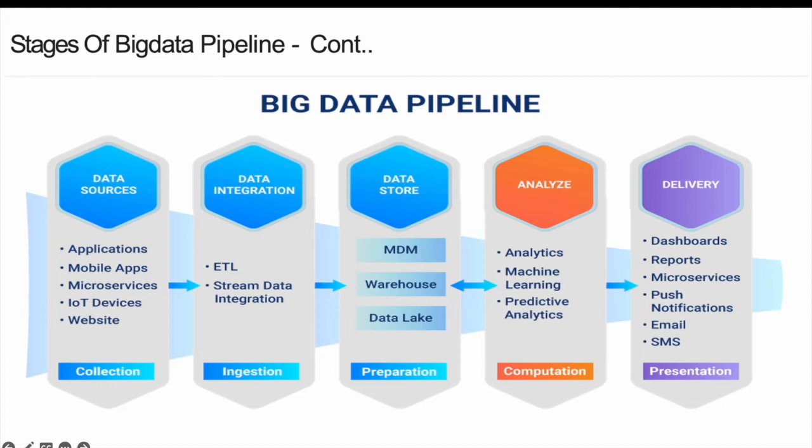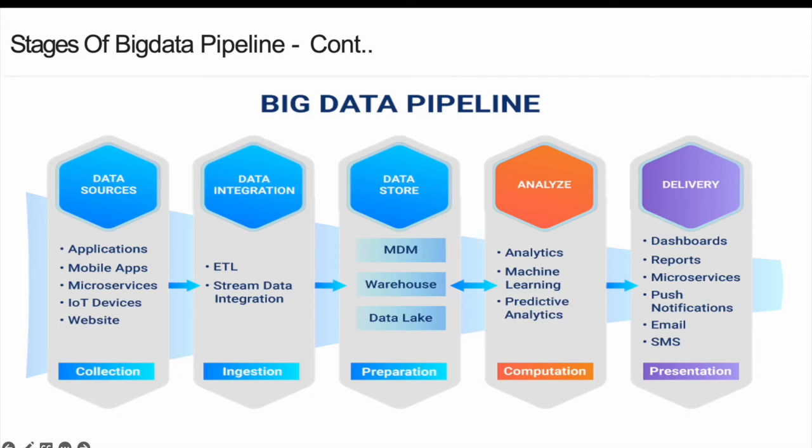This is where the data will be extracted and transformed for the particular target. And since we have real-time data, stream data ingestion also will happen, because we are continuously getting data from Twitter or WhatsApp or IoT devices. This streaming data will also be captured in data ingestion.